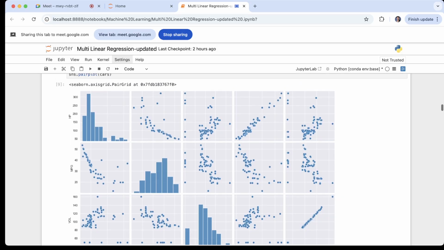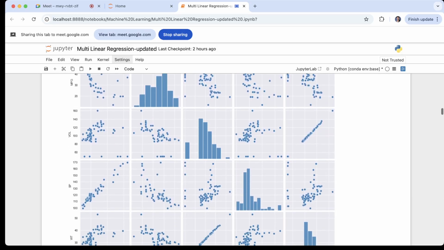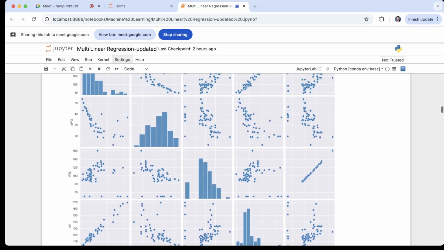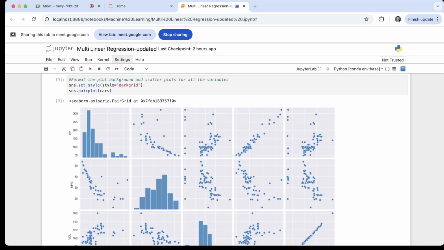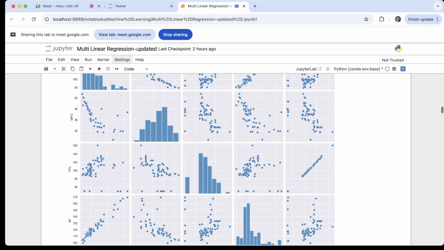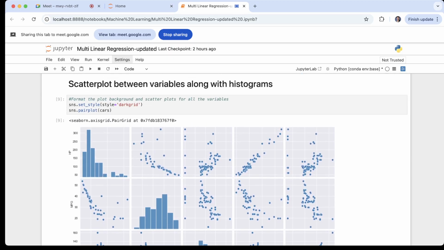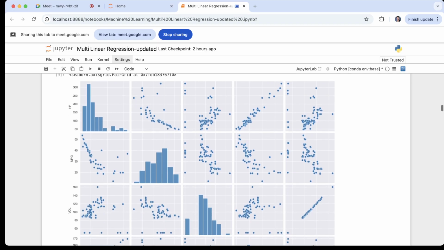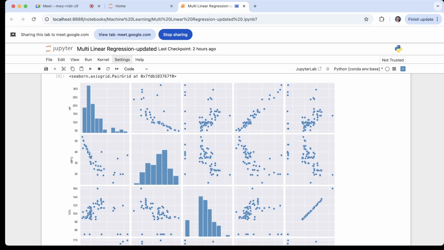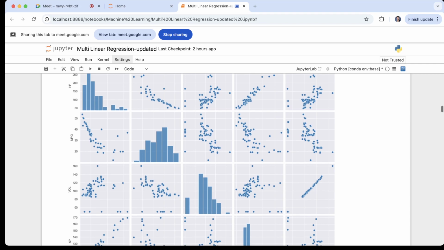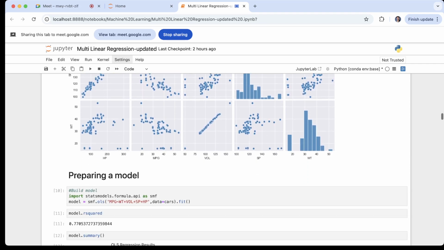But when we have higher and higher number of features, this will not be of that much importance, because anyway we can't plot the scatter plot for 100 features. But this has all the information that you need. This has all the scatter plots along with all the histograms.